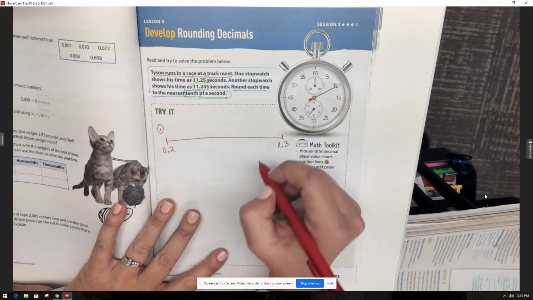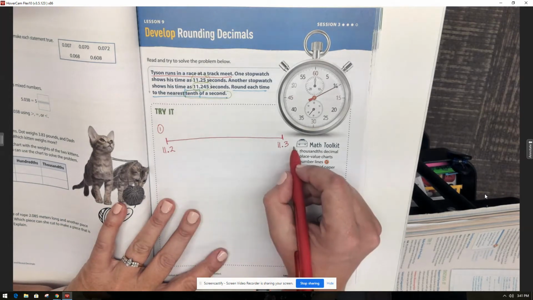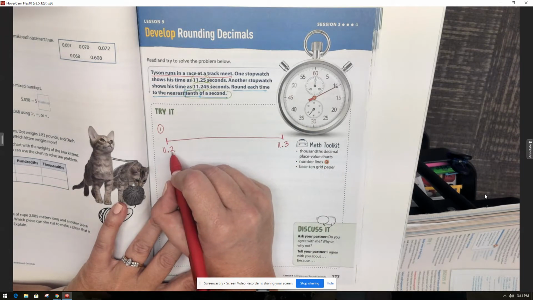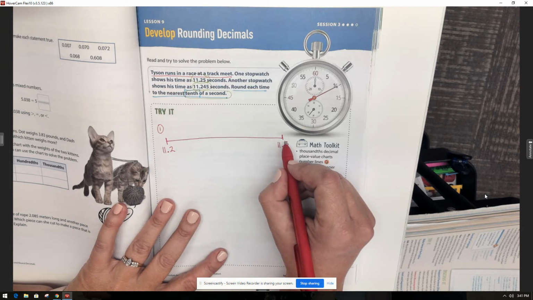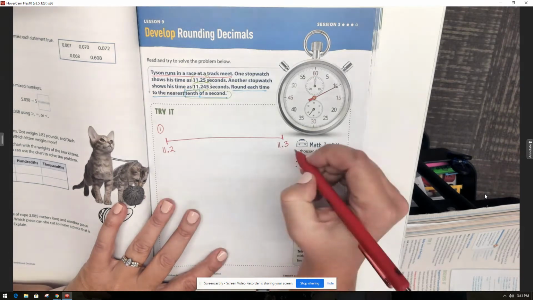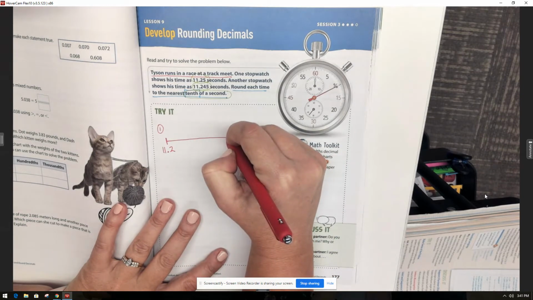To do it, though, I'm going to go ahead and break up this number line into smaller parts. Right now, I've labeled this 11 and 2 tenths. This is 11 and 3 tenths. I'm going to go ahead and break it into 10 parts.